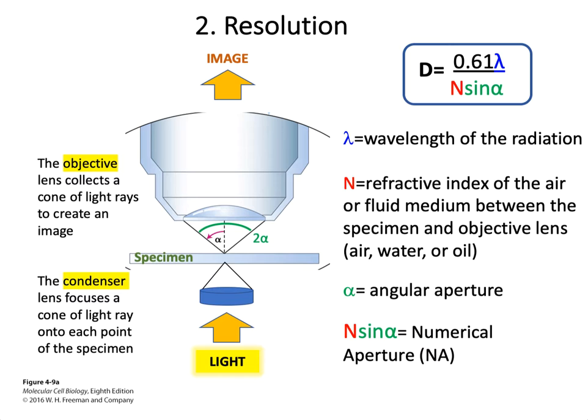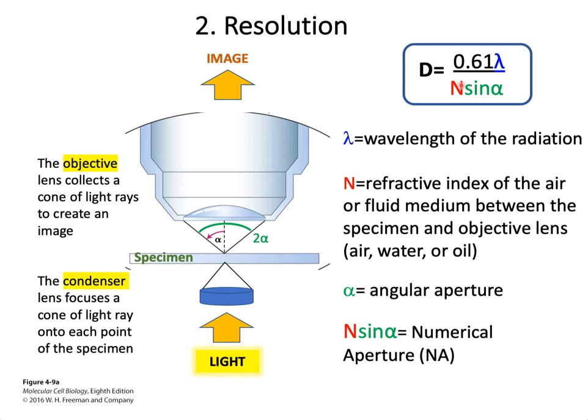So how do you calculate resolution? Here is the formula for resolution. The resolution is directly proportional to 0.61 lambda, where lambda is the wavelength and 0.61 is a constant in this formula. The resolution is inversely proportional to the numerical aperture, or n sine alpha.